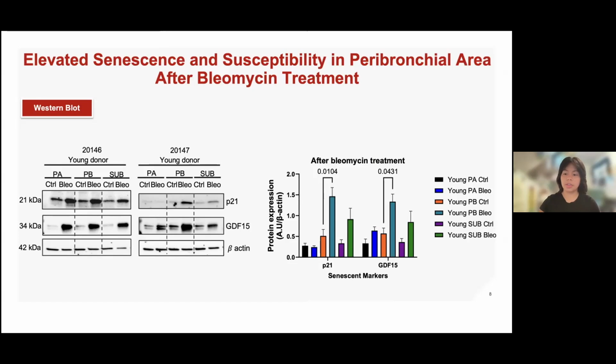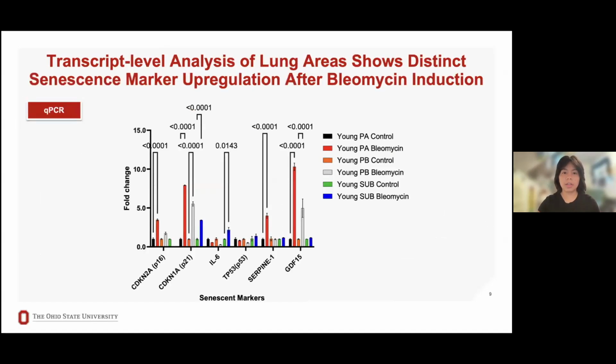That was interesting because in our qPCR data, we also see an increase for the parenchyma region for the senescent markers P16, P21, SERPINE1, and GDF15. So at the transcript level, we're seeing the parenchyma region show significant increase in these markers, whereas with the Western blot, we did not see that at the protein level for the parenchyma region.